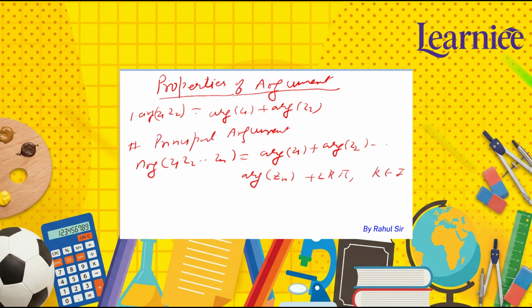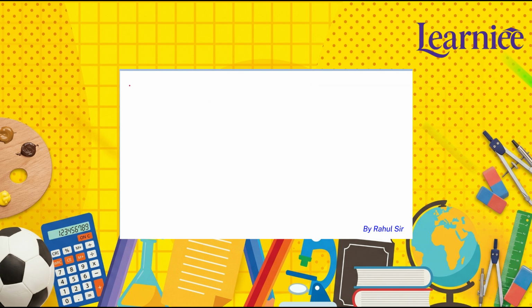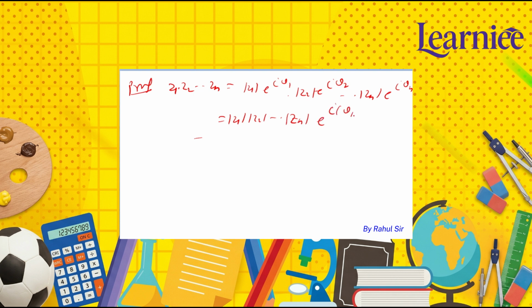Why am I doing this? Because the principal argument should lie between minus pi and pi. Let's prove it. z1 z2 up to zn will be |z1| e to the power i theta 1, |z2| e to the power i theta 2, up to |zn| e to the power i theta n, and that is nothing but |z1||z2| up to |zn| e to the power i (theta 1 plus theta 2 up to theta n).